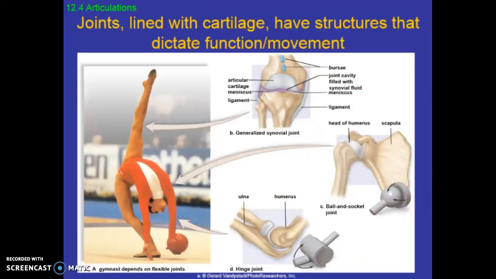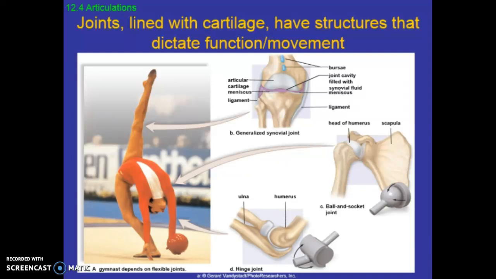All right, so then skipping section 12.3, we're just going to move on into the articulations, meaning the joints. The joints are going to be lined with cartilage, and those are structures that are going to allow for function and movement.